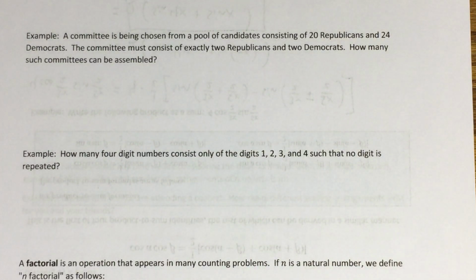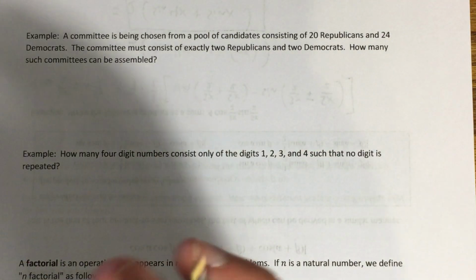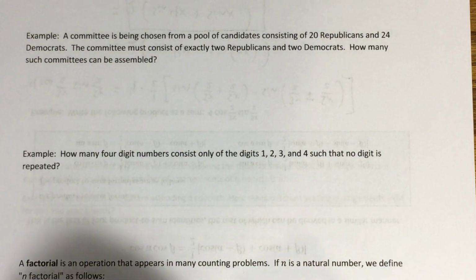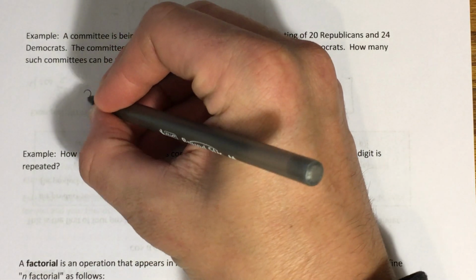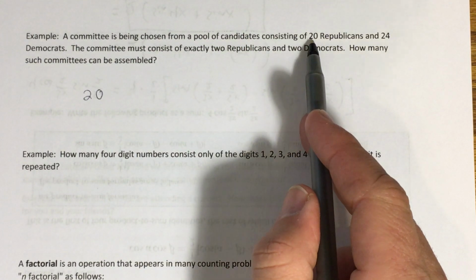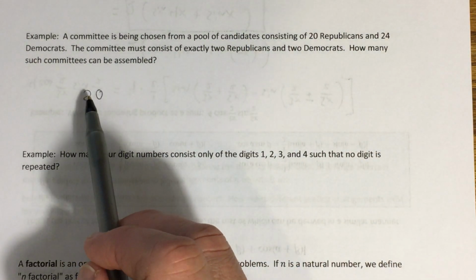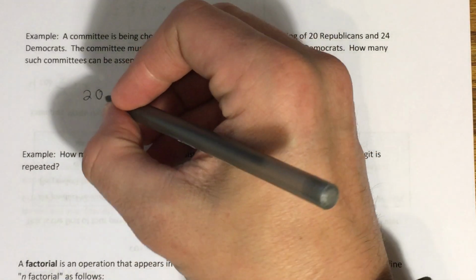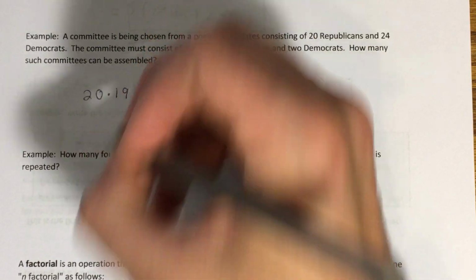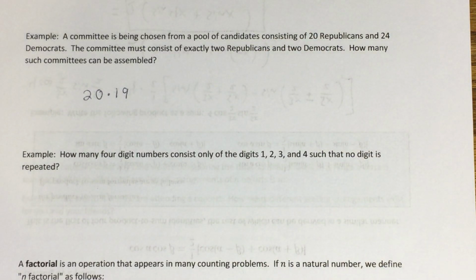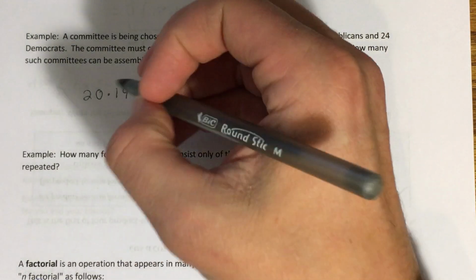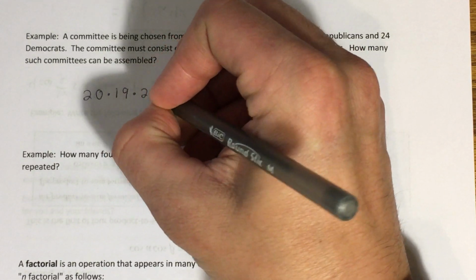Again, fundamental counting principle. So let's just say we're choosing the Republicans first. When I choose my first candidate, I have 20 to choose from because there are 20 Republicans. Once I've chosen that first Republican, I now only have 19 to choose from for the second Republican in that pool. Now we move on to choosing Democrats for our committee. I have 24 Democrats that I can choose for this third committee member.